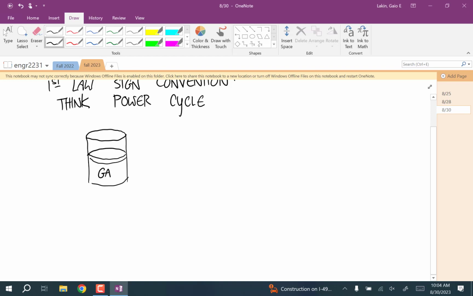You have a gas here. You raise the temperature of the gas, and the piston moves up. And this cycle tells you the sign convention.